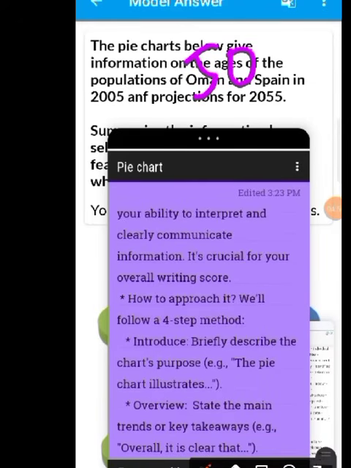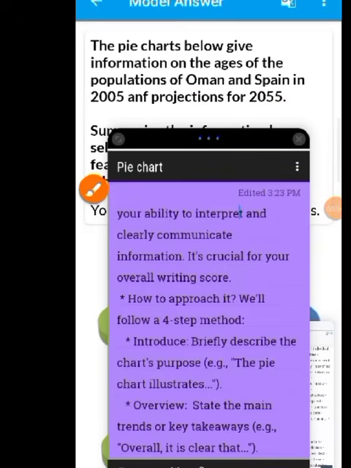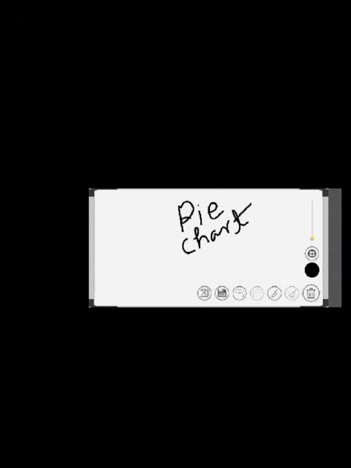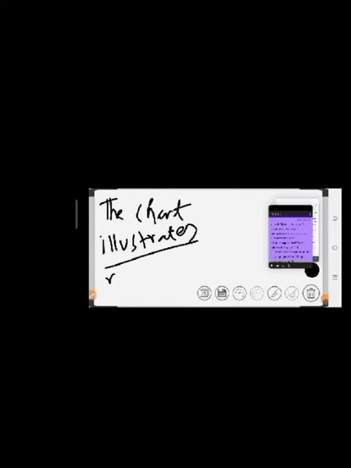Now, let's discuss this further. So what you can do, you can write here: the chart illustrates, or you can write represents, or you can write depicts.